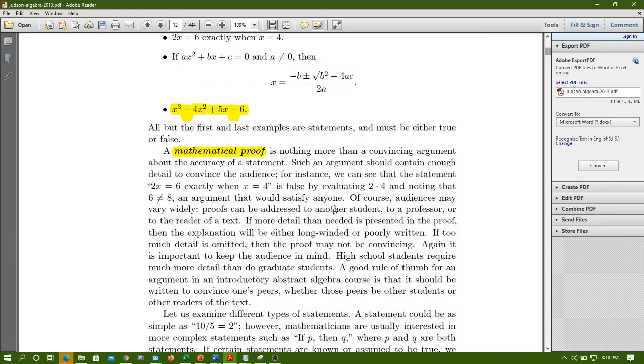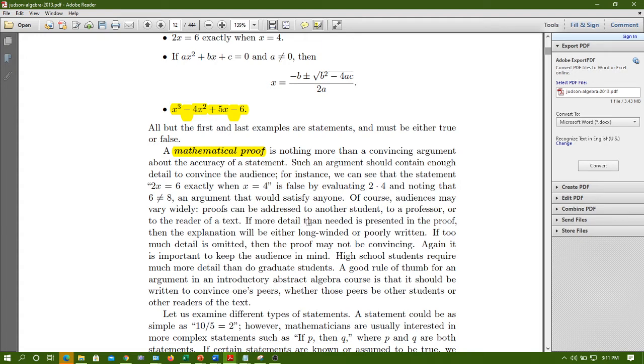Of course, audiences may vary widely. Proofs can be addressed to another student, to a professor, or to the reader of a text. If more detail than needed is presented in the proof, then the explanation will be either long-winded or poorly written.